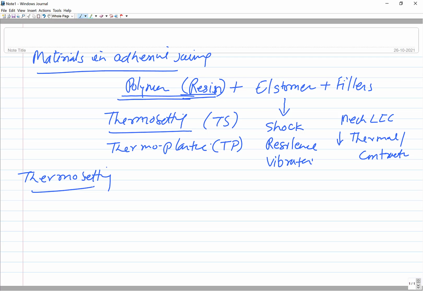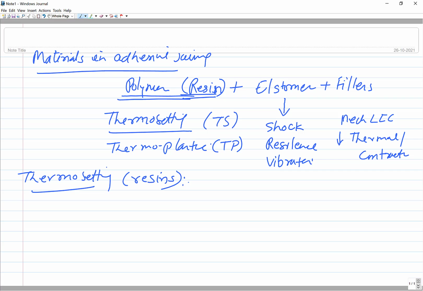Here these types of resins, thermosetting type of resins, have unique characteristics.